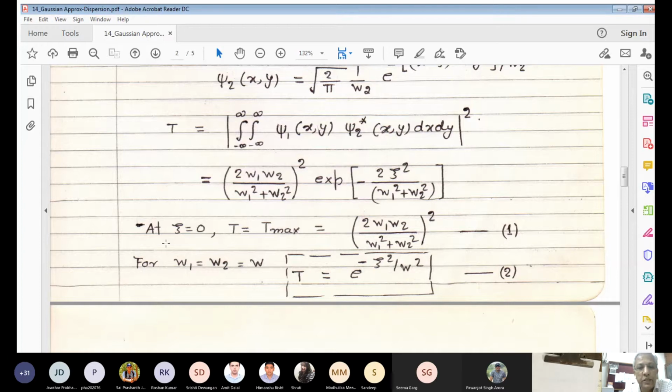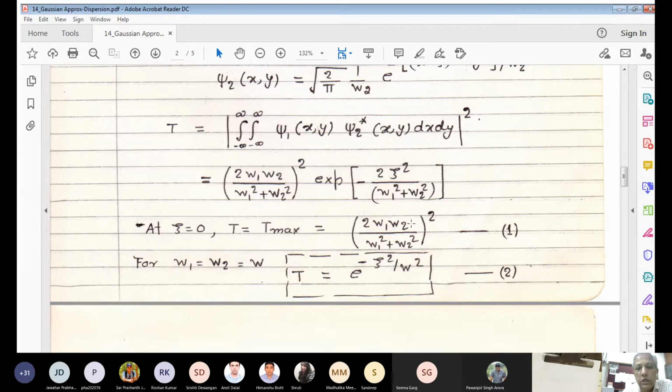As expected, if the misalignment is 0, then the maximum power will be coupled. This is the case when the two fibers are different, their Gaussian spot sizes are different. And you can find out the loss. When xi is equal to 0, what is the loss?